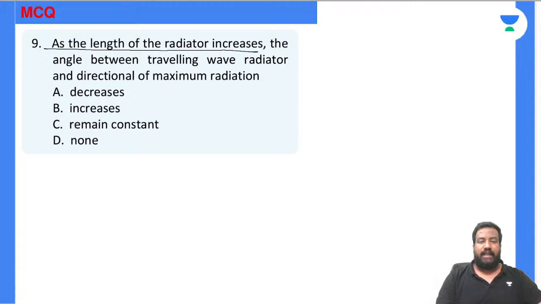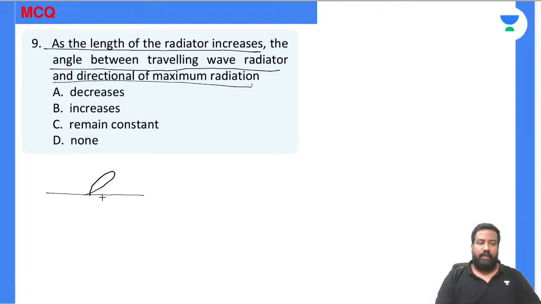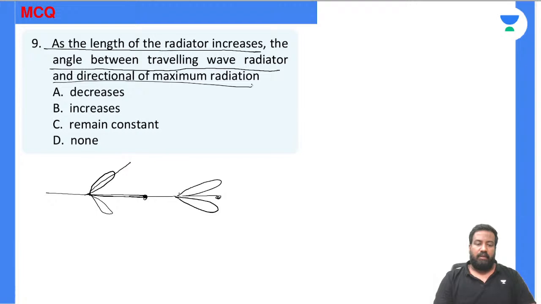As length of the radiator increases, the angle between traveling wave radiator and direction of maximum radiation. See, for example, this is the length of the radiator. The angle between the traveling wave radiator, this, and the direction of maximum radiation. What is happening? If you increase the length now, this was the previous length. If you increase the length of the radiator, you will find the pattern like this, where the angle between the radiator and the maximum radiation, for example theta, is getting decreased here.